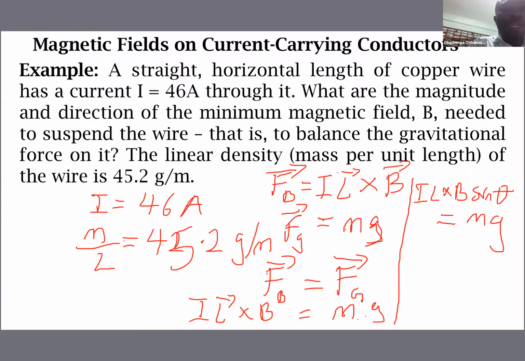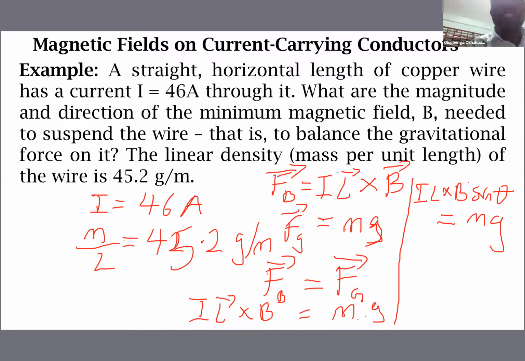So the minimum magnetic field we need, the first condition is that the angle between that magnetic field and the wire must be 90 degrees. When the angle between the magnetic field and the copper wire is 90 degrees, that is when we can have the maximum force, and it will also amount to the minimum magnetic field required.